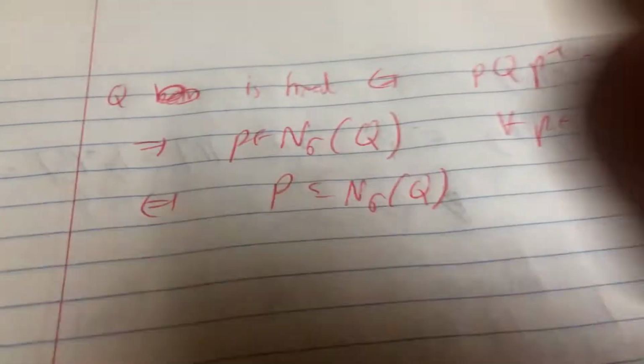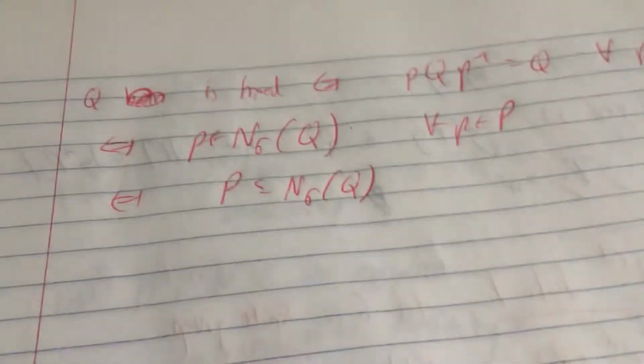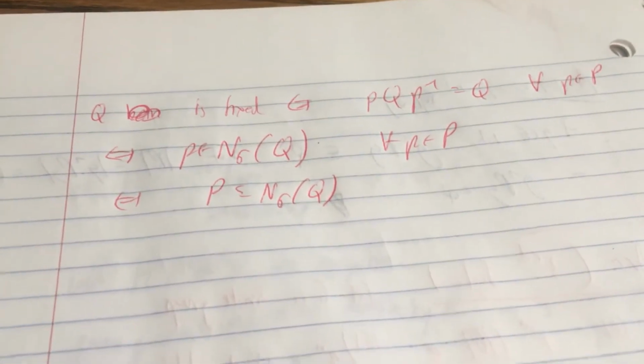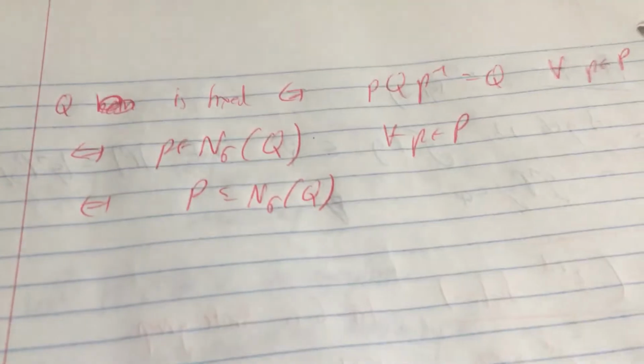This says that p normalizes Q, so p is in the normalizer in G of Q for all p in P. In other words, that's the same as saying that big P is contained inside the normalizer of Q. These are all if and only ifs. Just writing out the definition of what it means to be fixed under a conjugation action, you get that this group is inside the normalizer in G of Q.